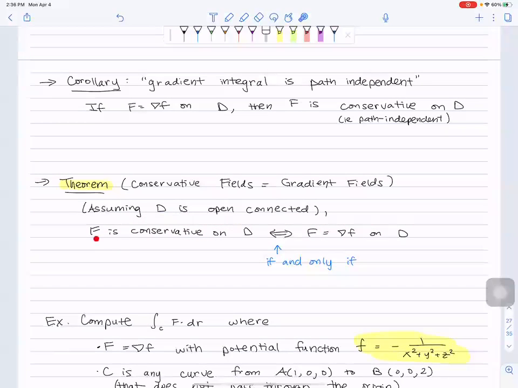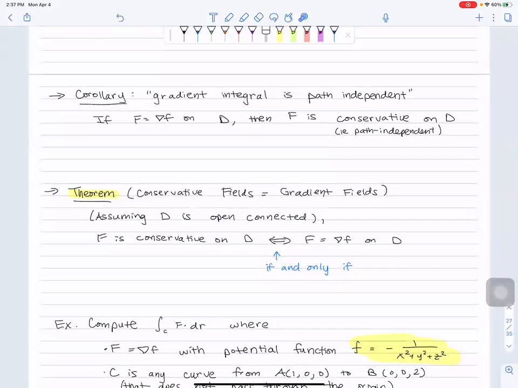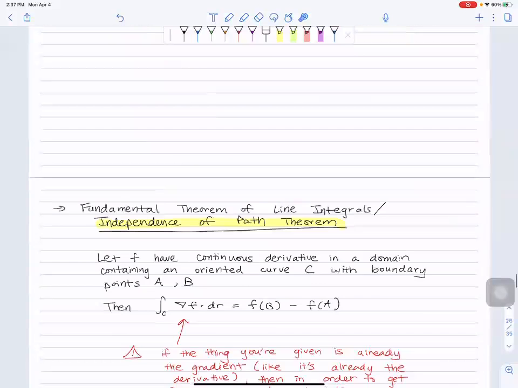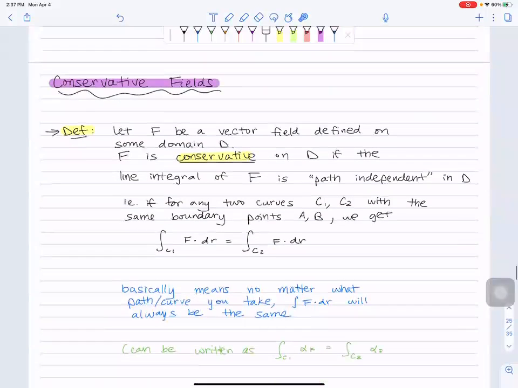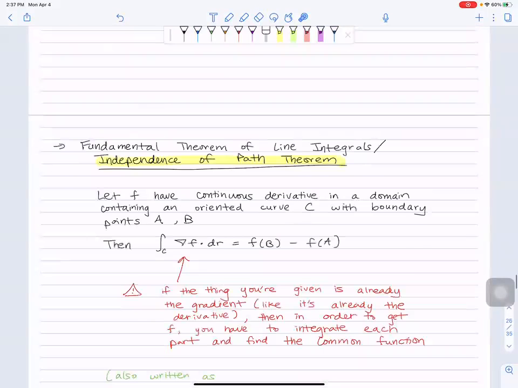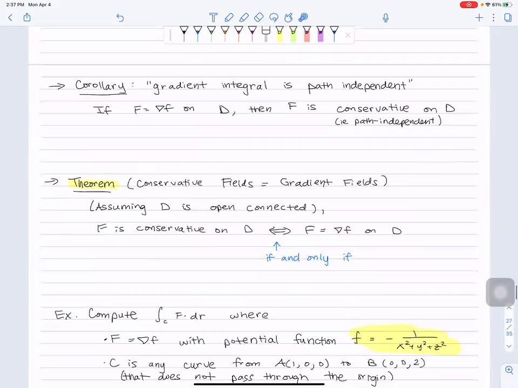So this is like if it's conservative, then it's a gradient, or if it's a gradient, then it's conservative. That's what the if and only if is. But it can be conservative and not a gradient. Or that's part of the definition of a gradient. The gradient is path independent. I think it might be possible.